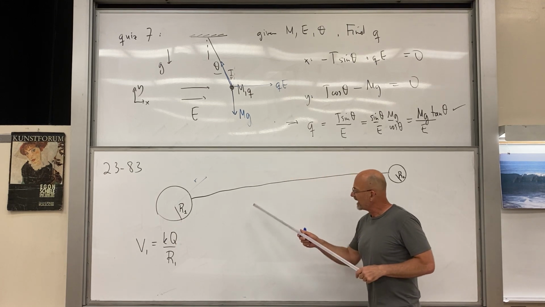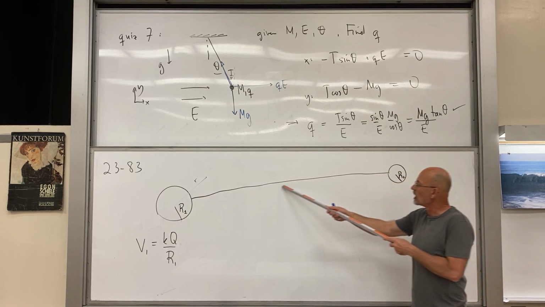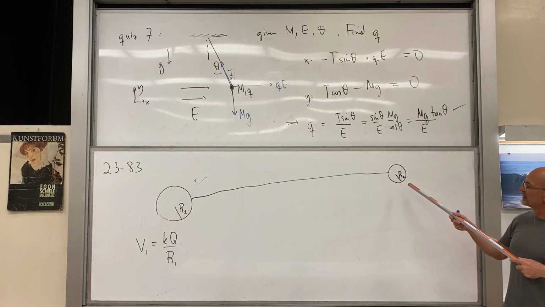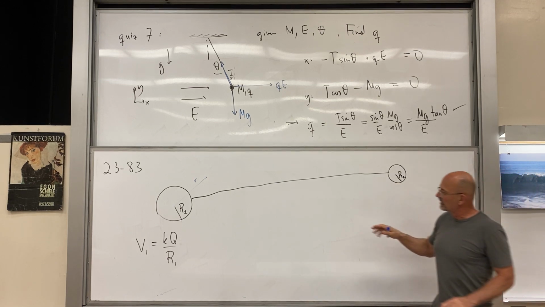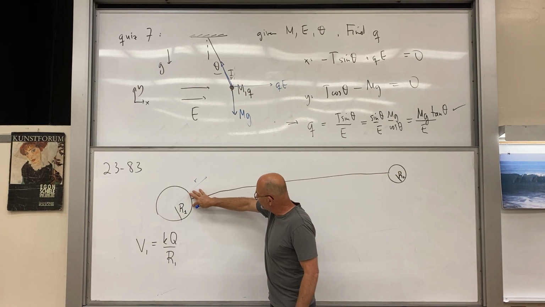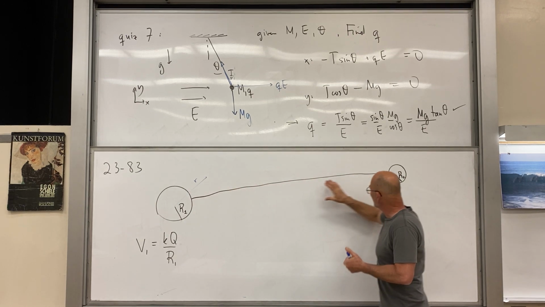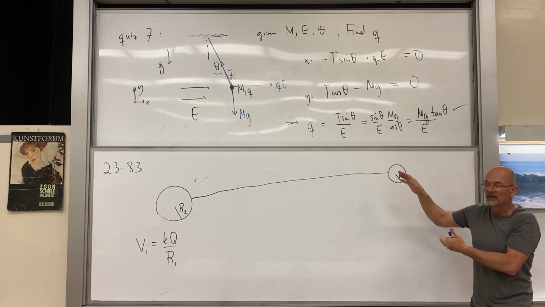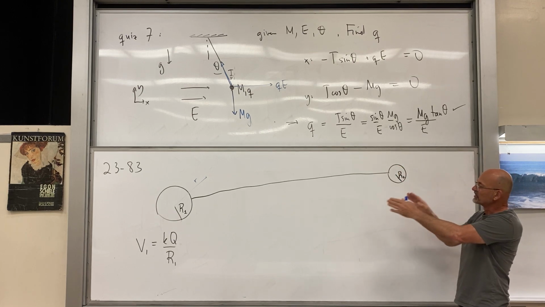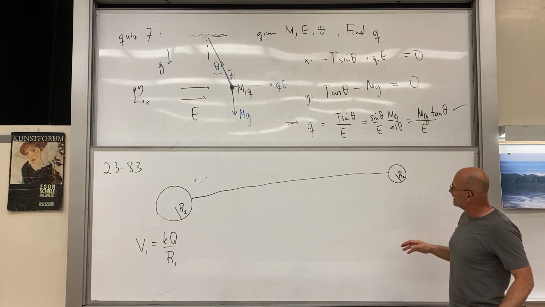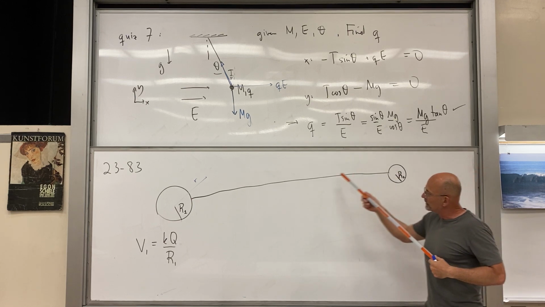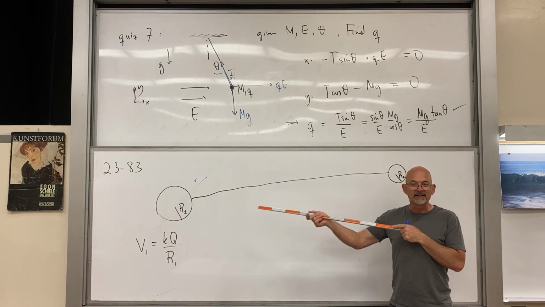Now, why do we have to have this wire be so long and thin? It's because we now connect this sphere, and charge is going to travel along the wire and charge up the second sphere. And they have to be sufficiently far apart so that the fields don't materially affect each other.